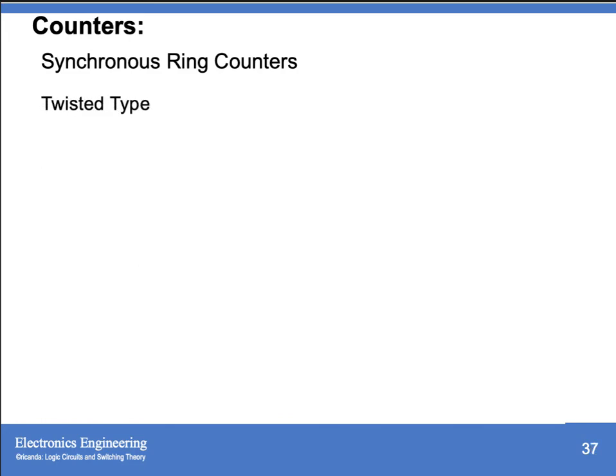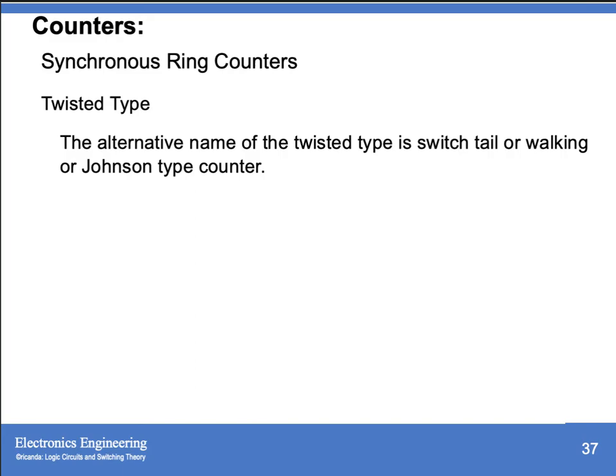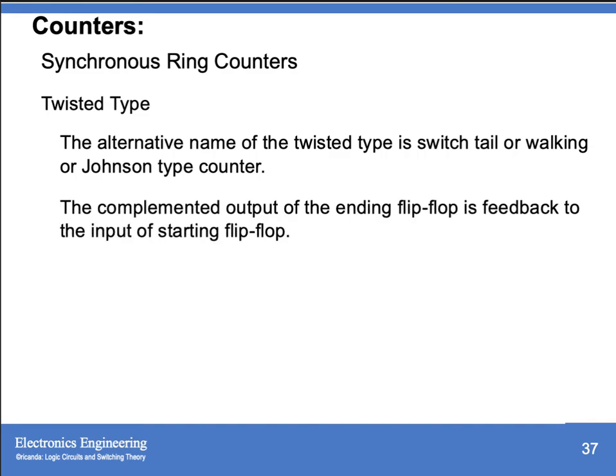For the twisted type, it is an alternative. The other name of the twisted type is walking or Johnson type counter. The complemented output of the ending flip-flop is fed back to the input of the starting flip-flop.